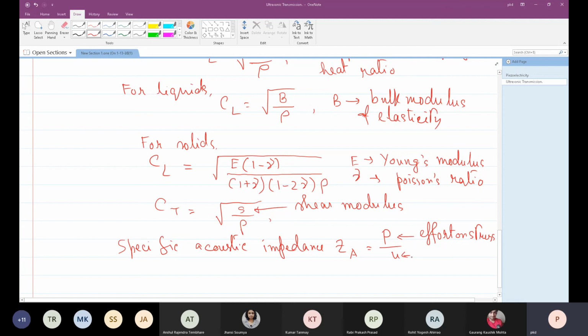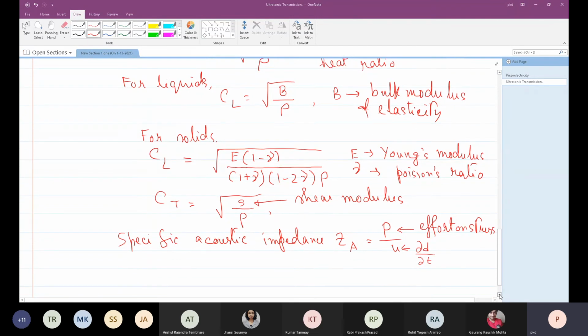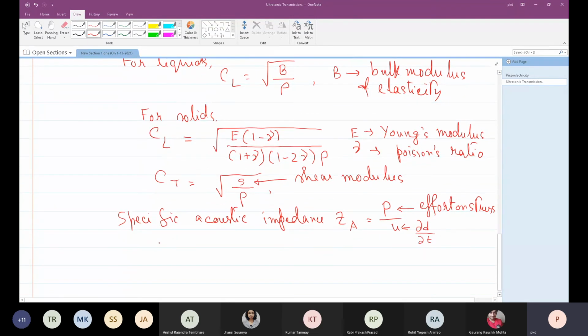U is the rate of change of displacement field, that is del D del T, so basically the response.